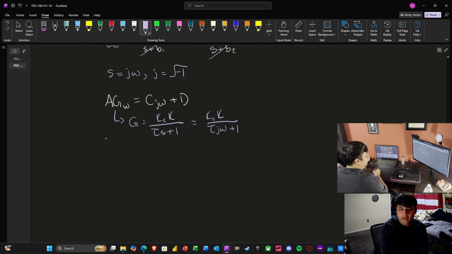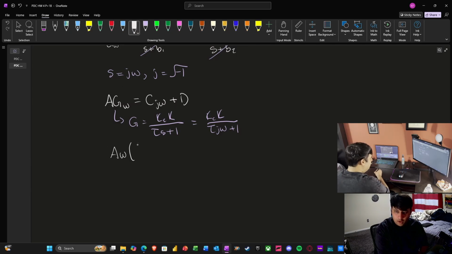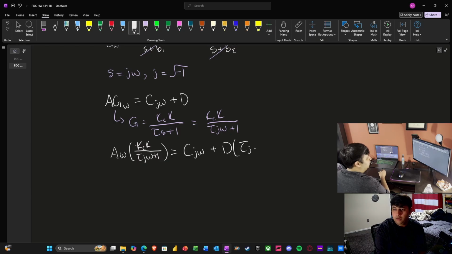So if we plug that in, we get A times K_C K over τjω + 1, which equals Cjω + D, and we're actually going to multiply this by the complex conjugate, minus 1. This is the conjugate.